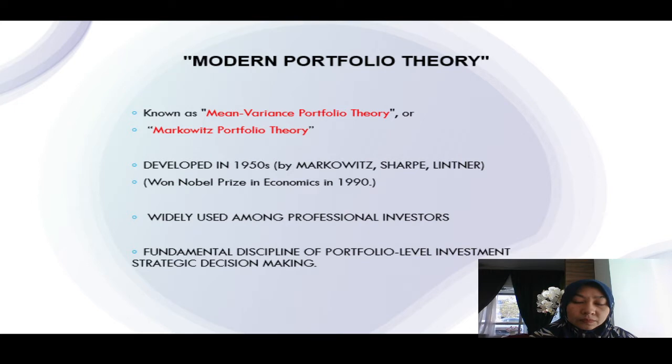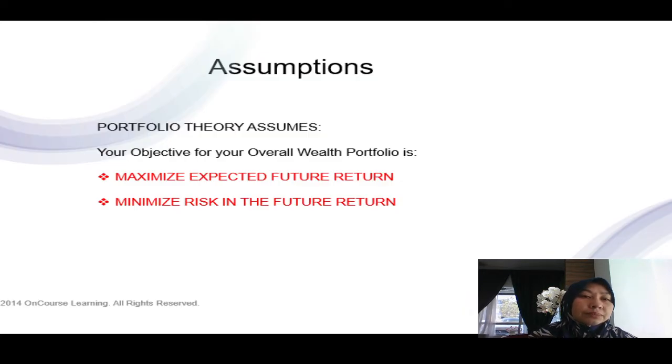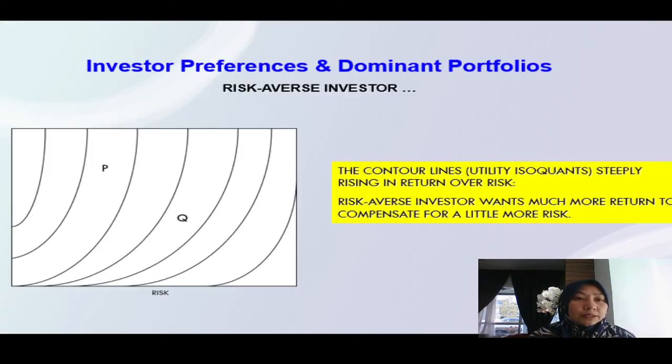this theory assumes that the objective of wealth creation is basically towards maximizing expected returns and also minimizing risk in the future. So, the investor preference and dominant portfolio.